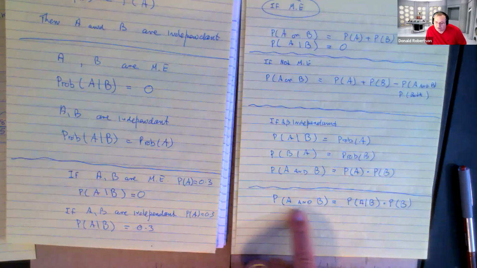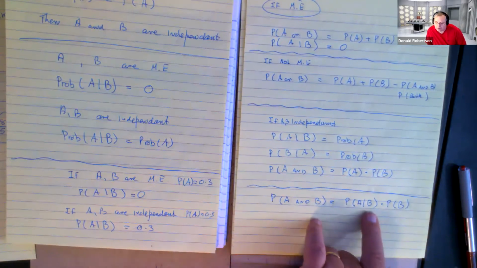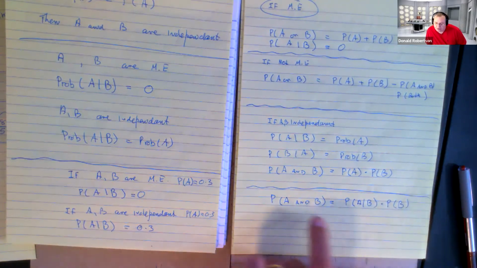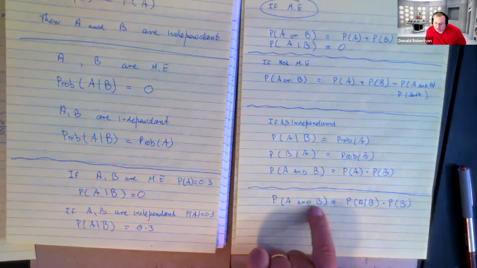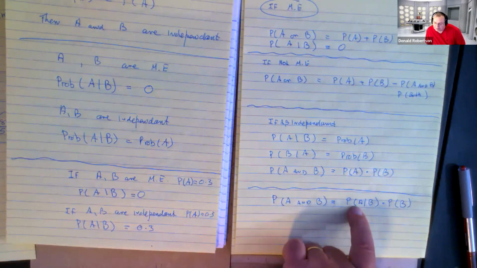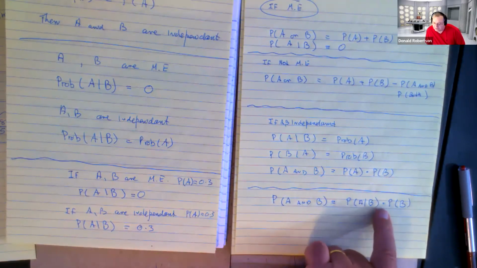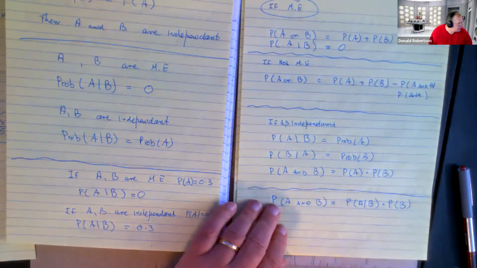Whether the events are independent or not. This formula works in all situations. That the probability of A and B is the probability of A given B times the probability of B.